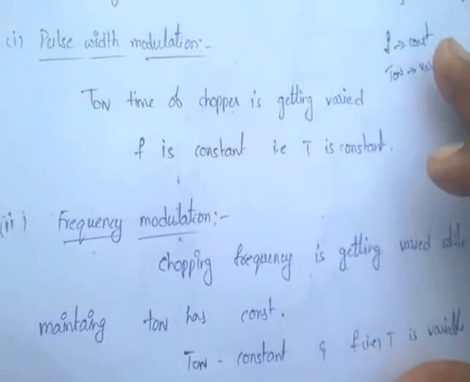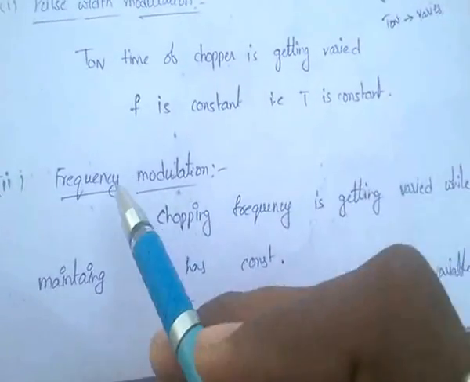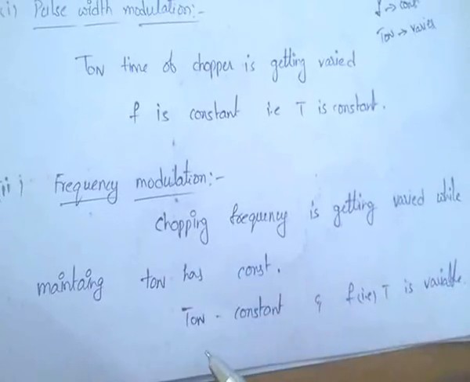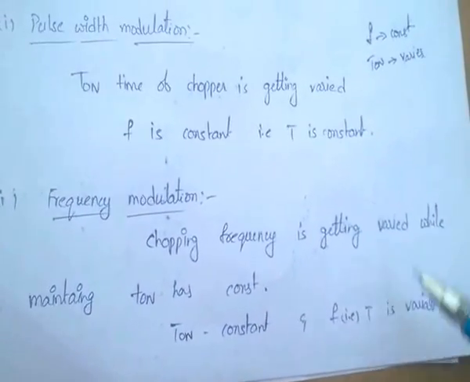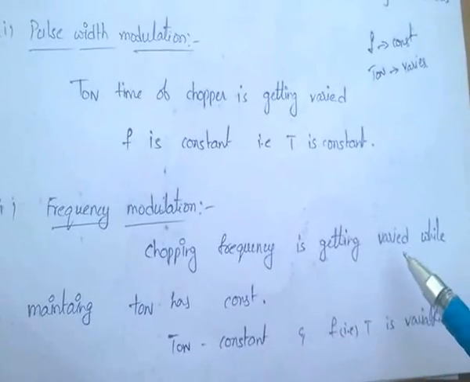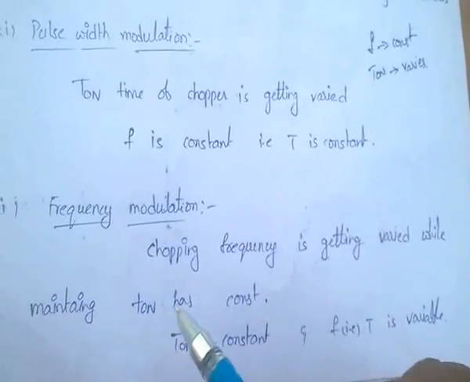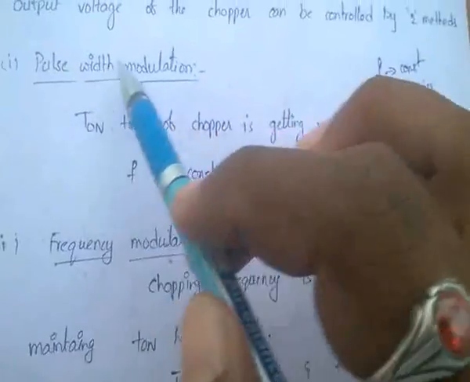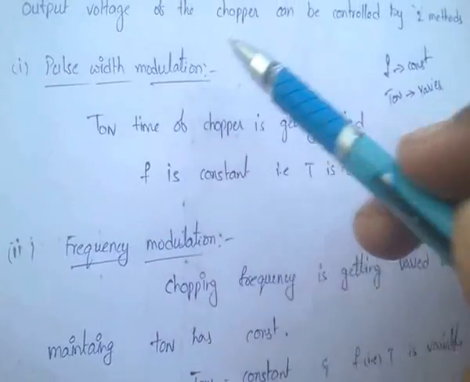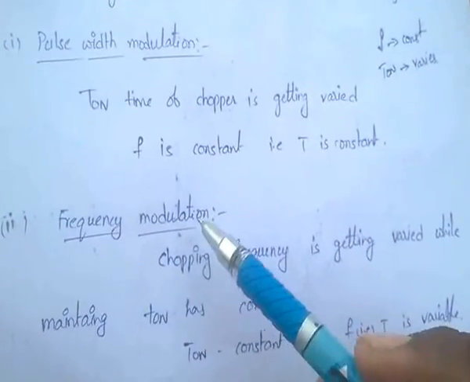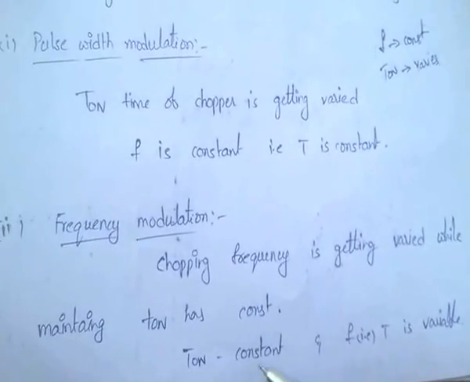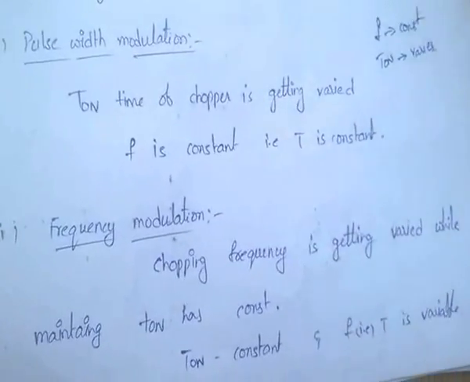For frequency modulation, turn on time is constant and frequency is variable. The chopping frequency is varied while maintaining the turn on time constant. For pulse width modulation, frequency is kept constant and turn on time varies; in frequency modulation, turn on time is constant and frequency is variable.